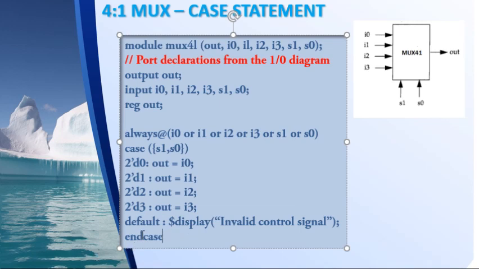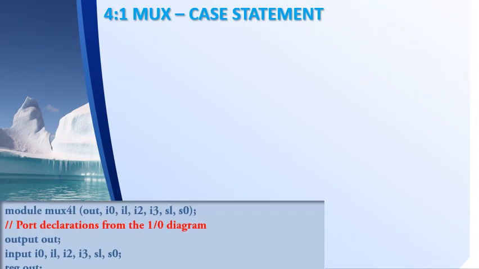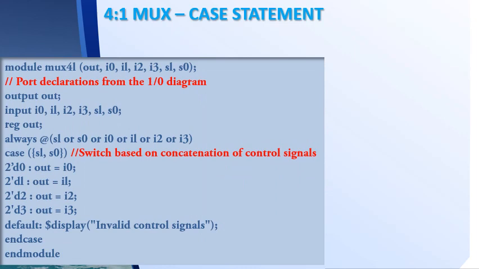So I will just put it as a single statement without any braces. Sorry, without any, finally end module. So case statement is the only statement inside the always block, and hence there is no begin and end for this always block.